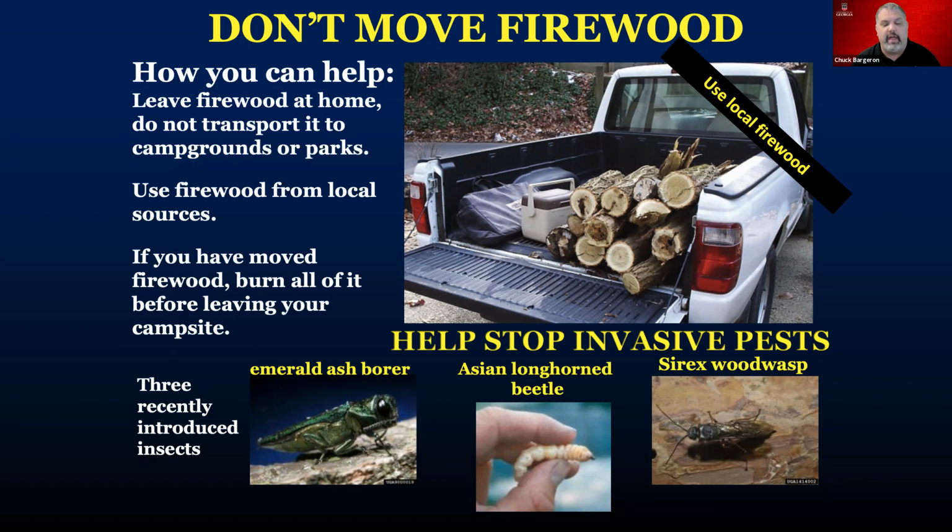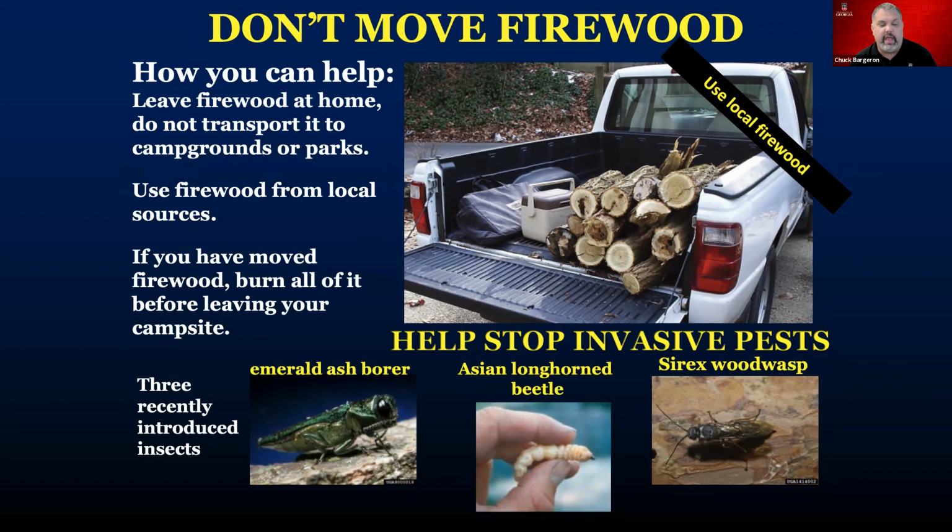So that's the mindset we have to change. A lot of state parks and national parks are selling firewood now, so you don't have to bring firewood. If you're going camping across the country, say from Michigan to Georgia, and you load up the back of your pickup truck with firewood, when you get to your spot you may have just brought some different insects with you that we don't have in Georgia yet.